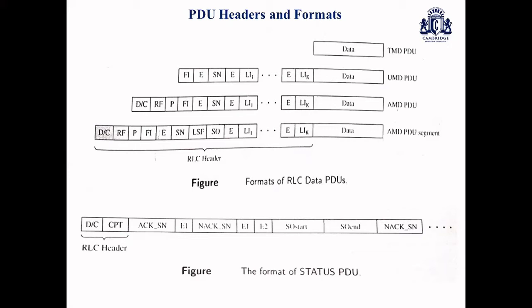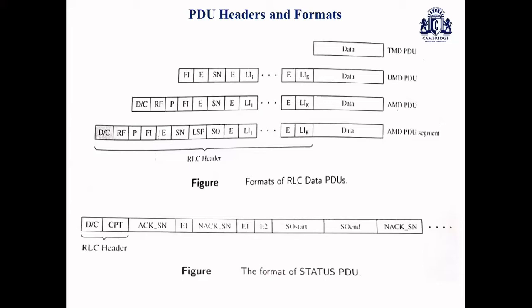RLC data PDUs are used by the TM mode, transparent mode, unacknowledged mode as well as acknowledged mode RLC entities in order to transfer upper layer PDUs, which we call TMD, UMD as well as AMD. Just as we discussed with respect to UMD, the unacknowledged mode data PDU, the same way we have TMD as well as AMD. All these things happen with respect to the RLC data PDU.